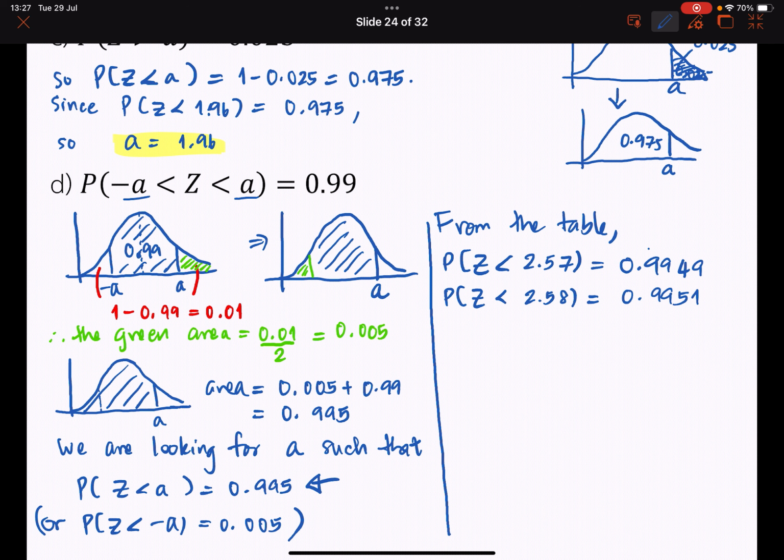So 0.9950 lies between these two values. So we can use either 2.57 or 2.58.